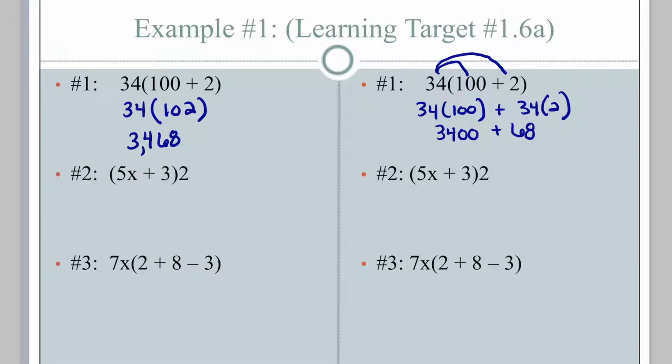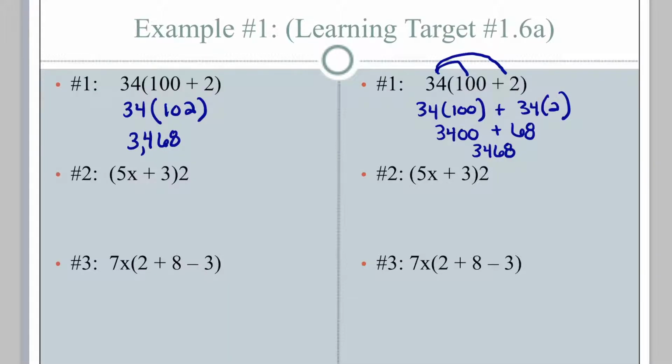Adding 3,400 plus 68 is 3,468. So we end up with the exact same result whether we use the order of operations by combining what's in the parentheses first, then multiplying, or distributing, and then combining the like term constants.